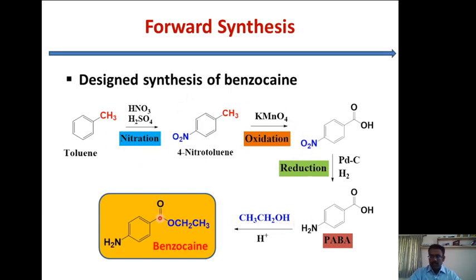Here we fully use this functional group interconversion. All the transformations here are based on functional group interconversion only. It's a very effective method where you cannot directly do the disconnection on the given target molecule. So you have to remember a little bit of the basic transformations of the functional groups and the reagents.